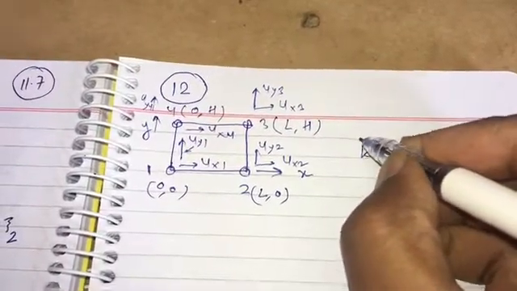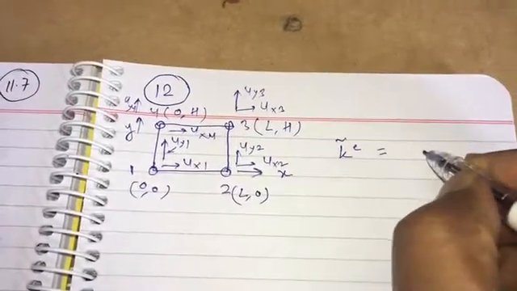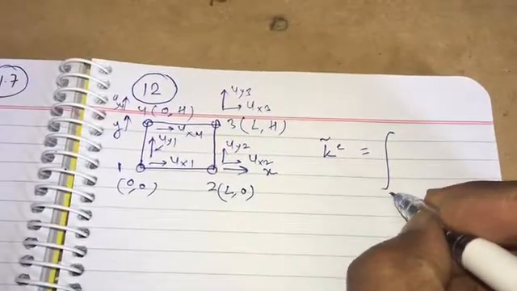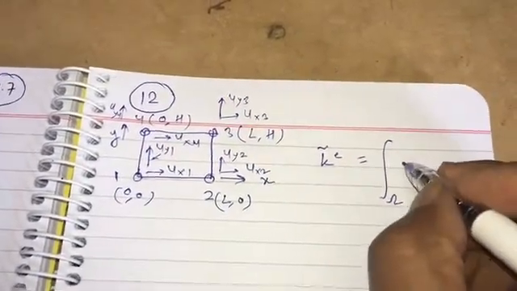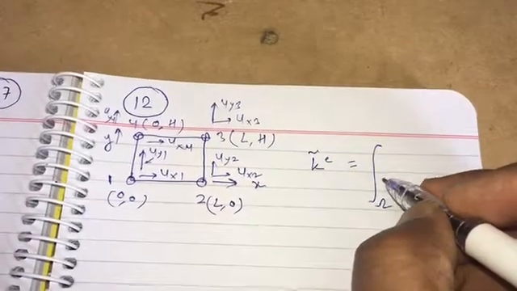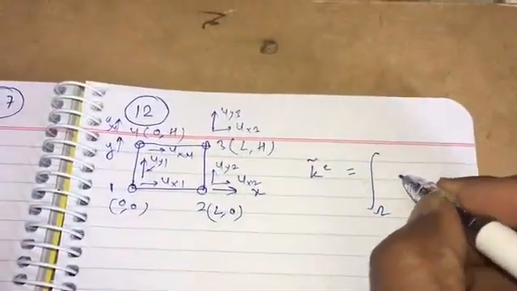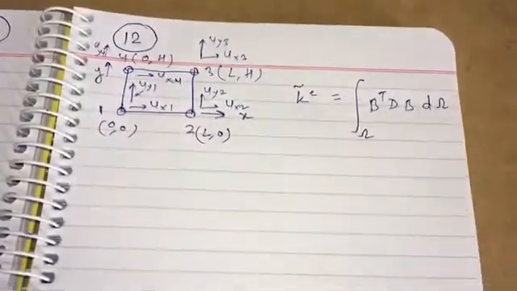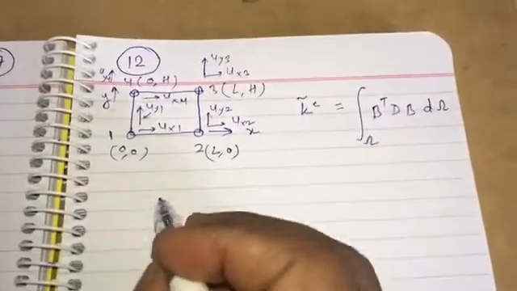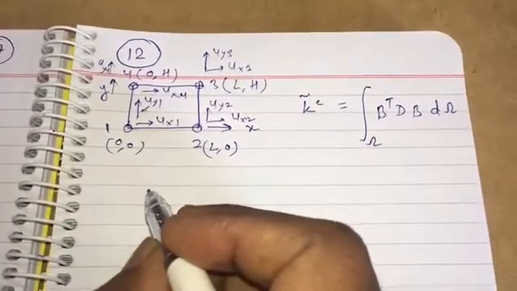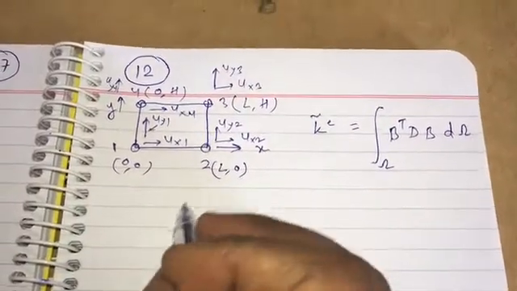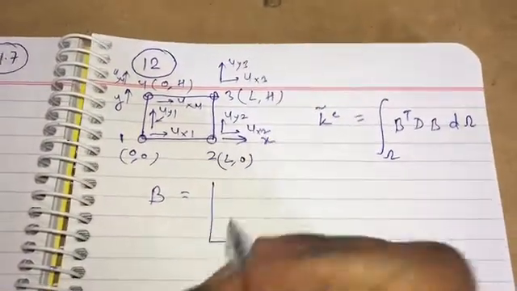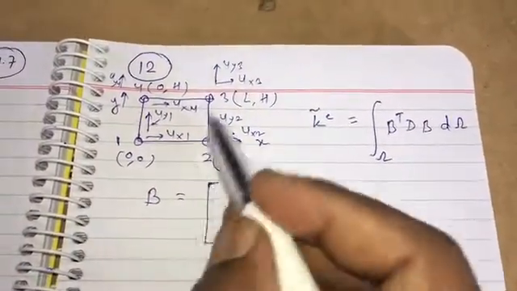So Ke, we know, is given by the integral over the whole domain omega of B transpose D B d omega. And if you recall from the last few lectures, B is nothing but, in this case there are 8 of them.